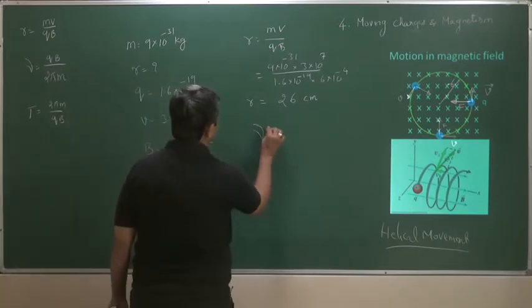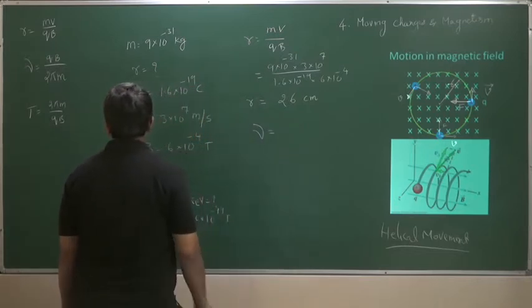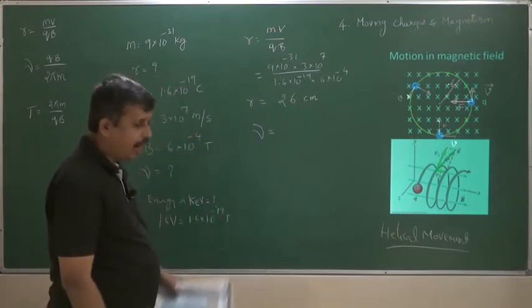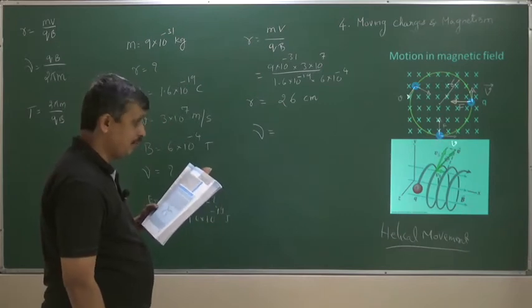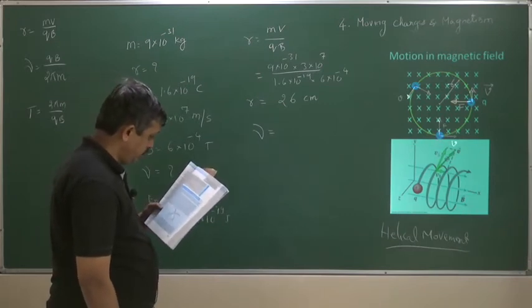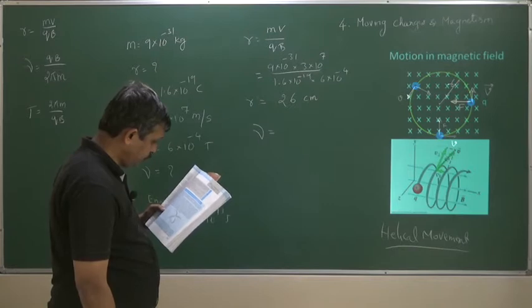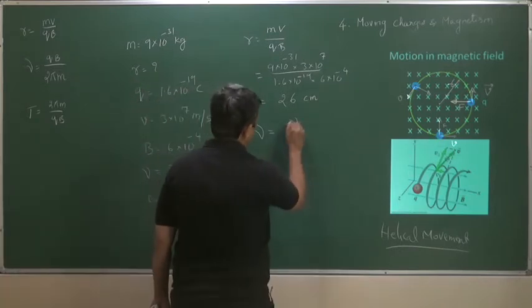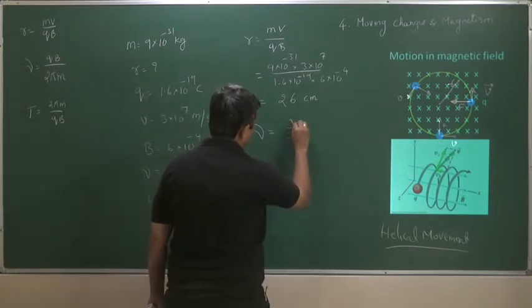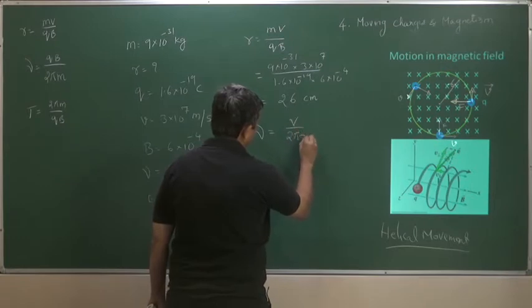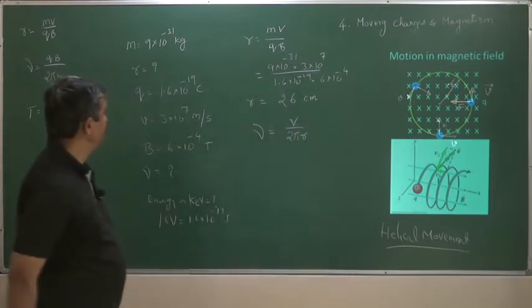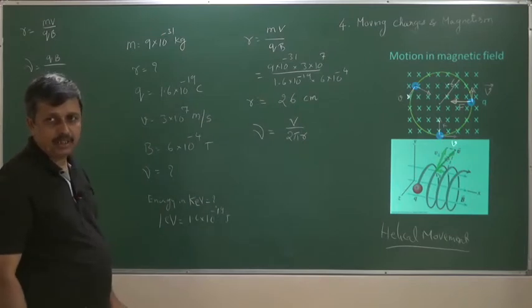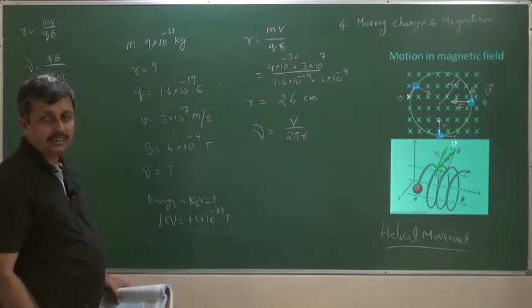The formula is nothing but qB divided by 2 pi m. You can even simply write it in terms of r: v by 2 pi r. We know the v, so we can calculate directly v by 2 pi r, since the velocity is given to you.